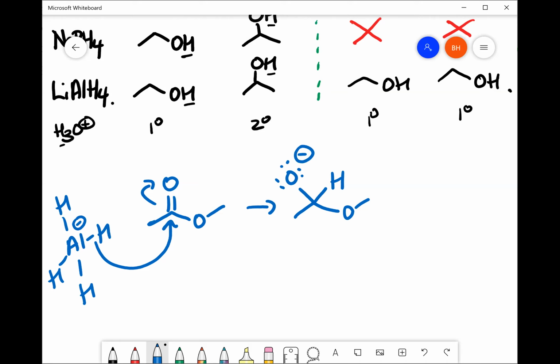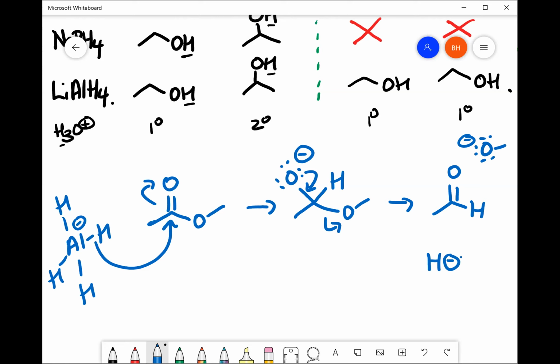Tetrahedral intermediate that isn't particularly stable, this decomposes, and we eject out the O minus. This is favored through entropy because you're making two molecules from one. So this is entropically favored. Sure, this oxygen could come back and attack, but eventually it's just going to get booted out.